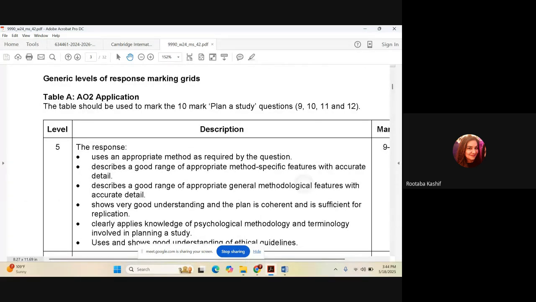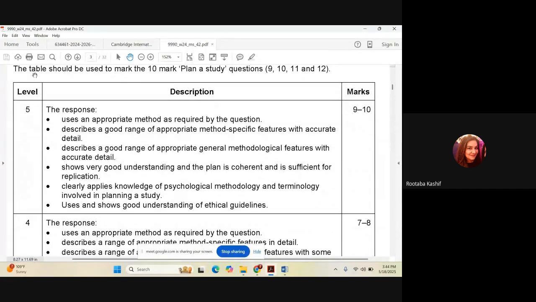The response, if the appropriate method has been used, if it describes specific features with accurate detail and general features also with accurate detail, and it also shows good understanding and the plan is coherent, it makes sense, it is sufficient to replicate, which this plan was, and psychological terminology and methodology has been seen in the answer.